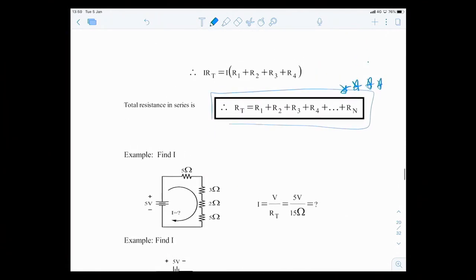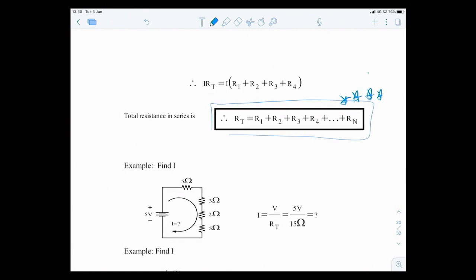resistance. So in this case, if you want to find the current I, it would be the current going through all the R's and the voltage source. Since we know the voltage source value, I is equal to the voltage source value V over R total.